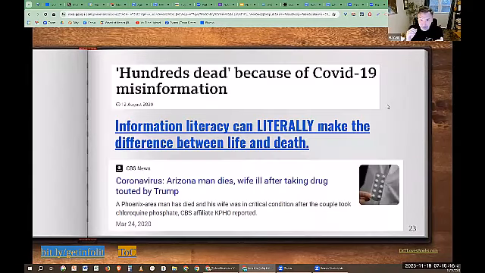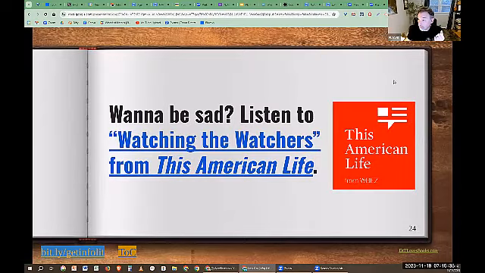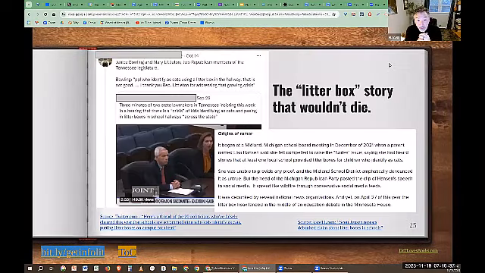And we have seen the fact that information literacy can be a life or death situation, quite literally, not sort of vaguely, but it's actually really true. So we've got to think about how we're arming our students, because even the adults in their lives are not necessarily good at parsing real information from fake information.